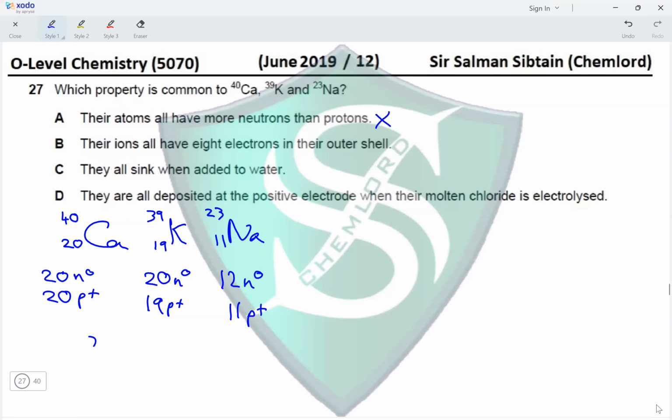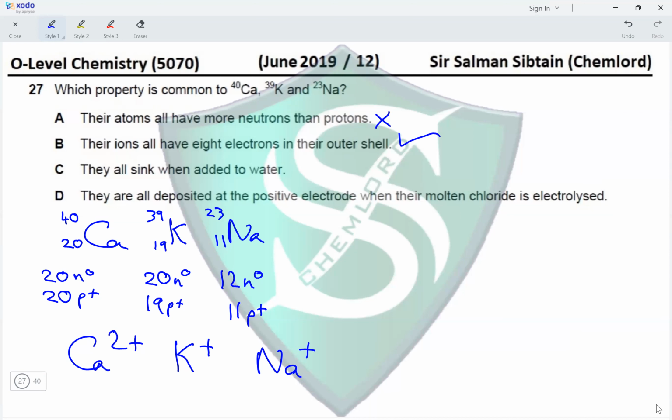Yes, calcium forms a Ca2+ ion, potassium forms a K+ ion, and sodium forms an Na+ ion. All of them lose their electrons in the outermost shell to achieve the noble gas configuration, having 8 electrons in the penultimate or second last shell. So their electronic configuration is that of a noble gas and it is complete. It has 8 electrons, so this statement is correct.